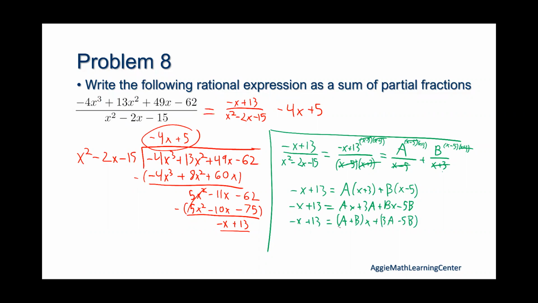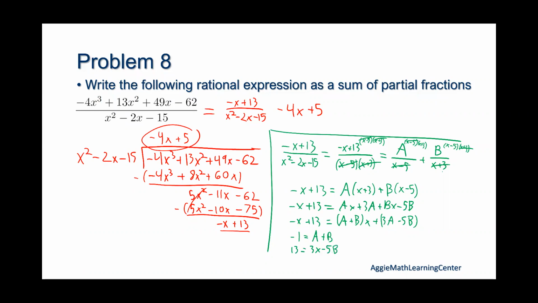So that means a plus b has to be equal to this coefficient over here, which is negative 1, and then 3a minus 5b has to be equal to our constant. That gives us our system of equations: negative 1 is equal to a plus b, and 13 is equal to 3a minus 5b.